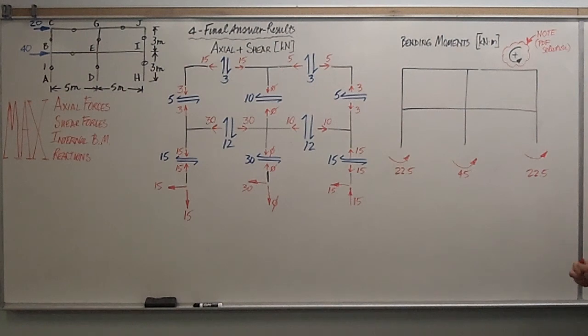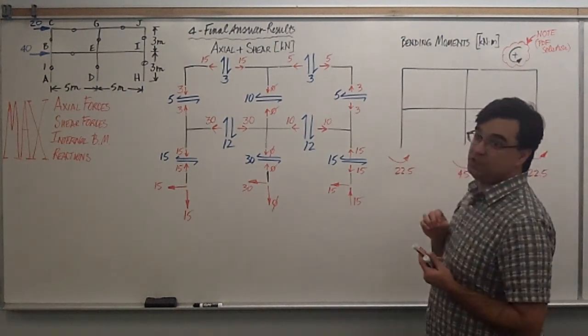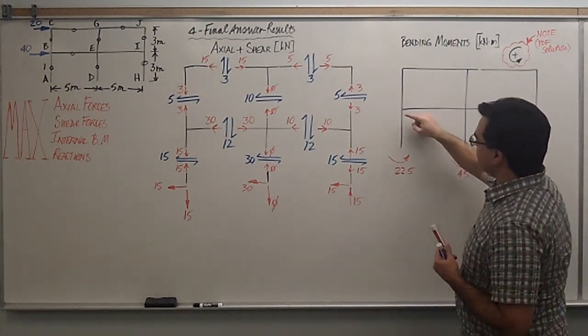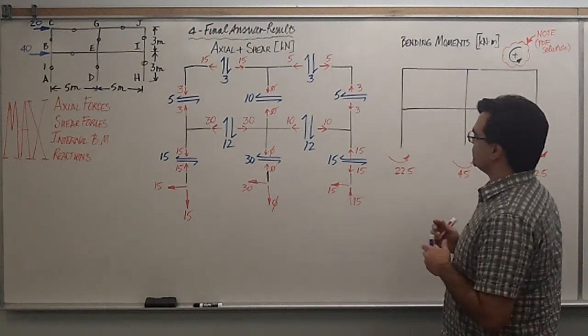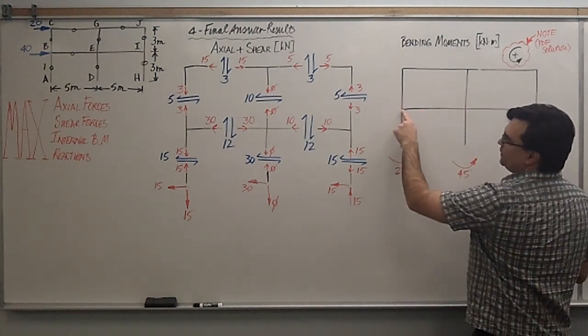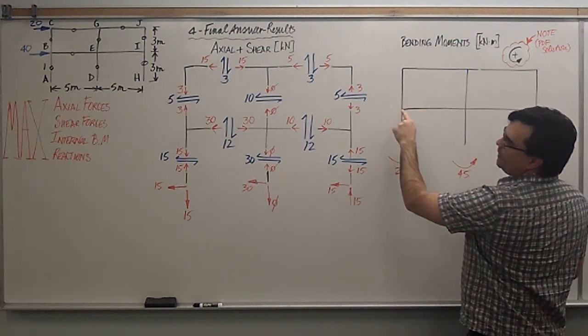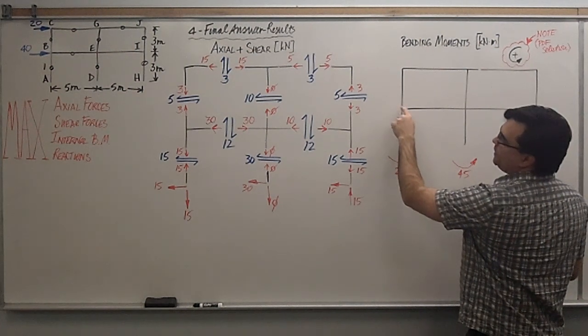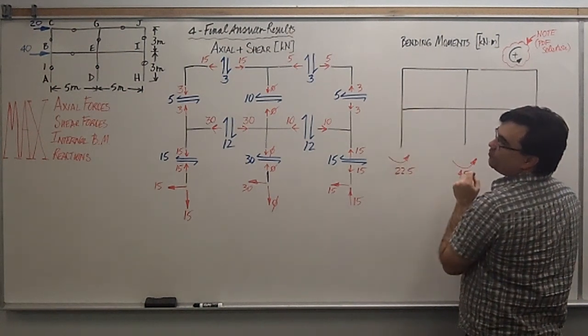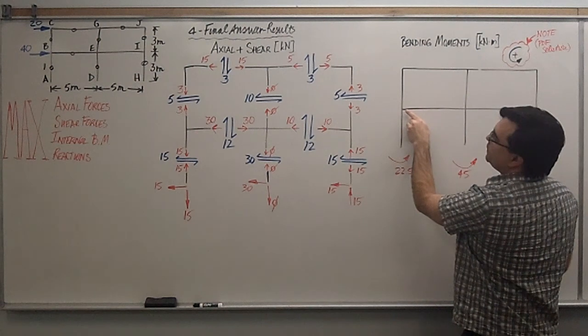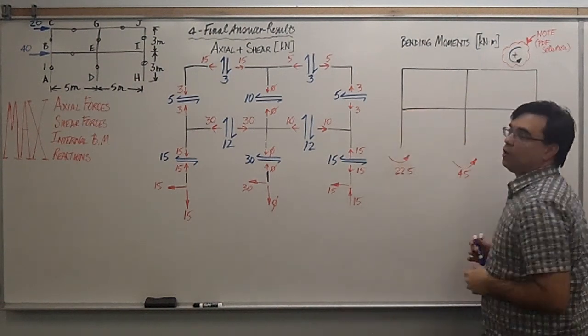So the idea here is that we want to find the internal moments at each end of the members. So we want to find here at the top of column AB, here at the bottom of BC, here to the left of BE, and so on and so forth.